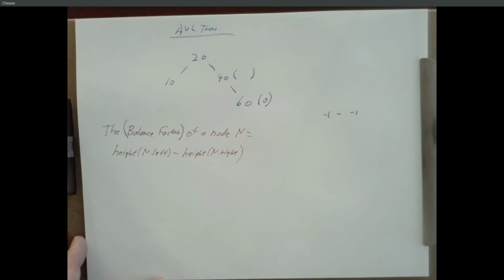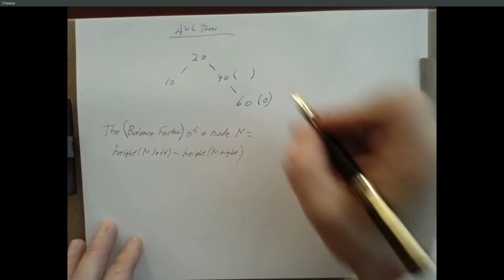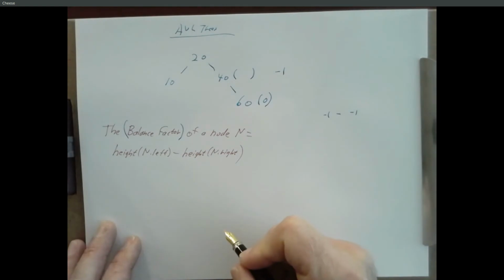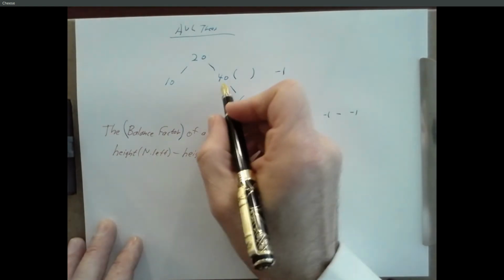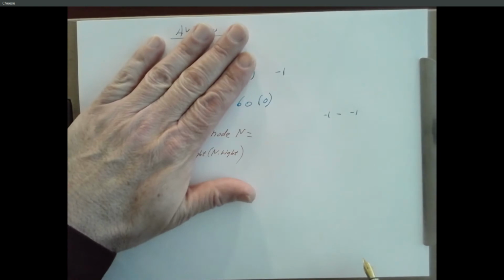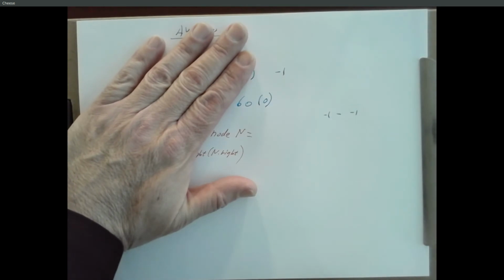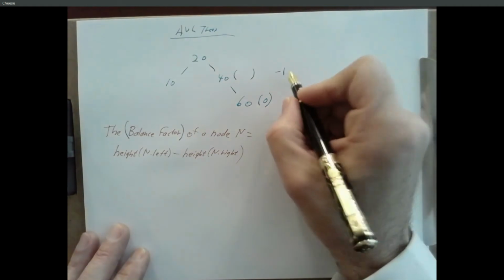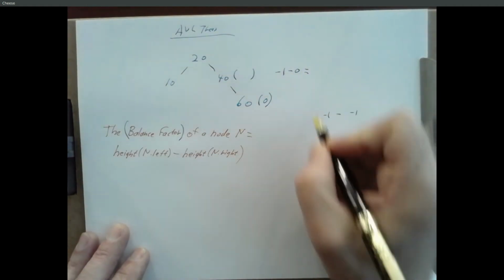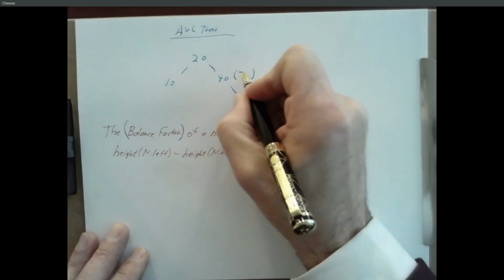Say again? Almost. So the left subtree is null, so that's definitely got a height of -1. The right subtree of that node 40 is this tree. It's a single node, right? Single node has a height of 0. So negative 1 minus 0 is minus 1.